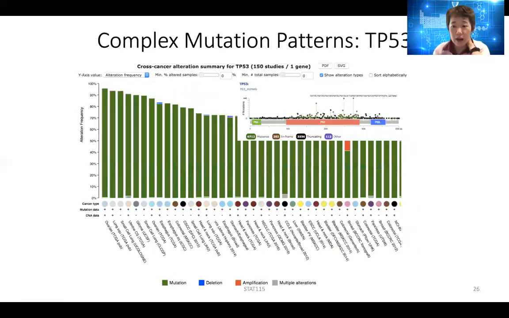There are some more complicated patterns. For example, this one, you see P53, it's a very well-known cancer gene. In all the cancers, you don't see a lot of copy number change, but if you look at the mutations, you see a lot of truncations early on, but then there are also missense mutations that happen 400 times. For this gene, there's some hypothesis that the wild type gene is a tumor suppressor.